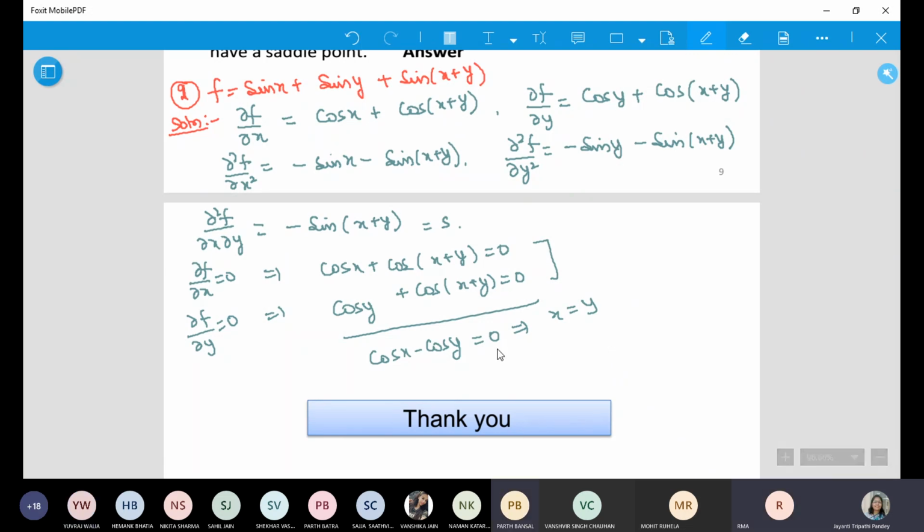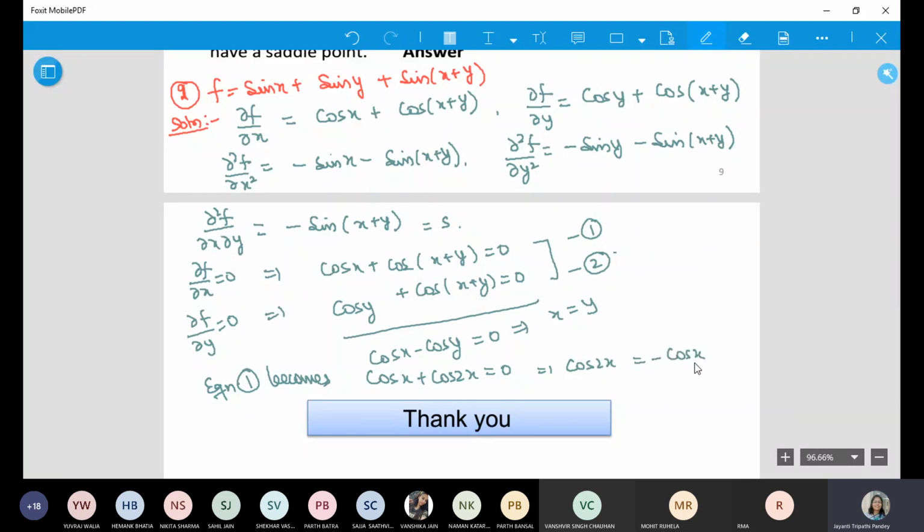When you have cos x minus cos y equals 0, can we write it like this? Yes, ma'am. So if this is equation 1 and this is equation 2, you can write equation 1 or equation 2, it does not matter, as equation 1 becomes cos x plus cos 2x equals 0. Right? So you can write cos 2x equals minus cos x, which is cos(pi minus x).